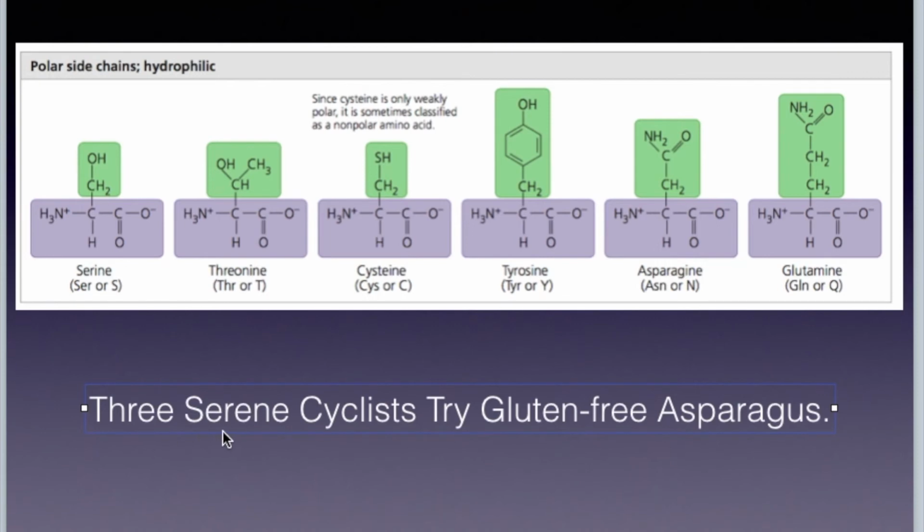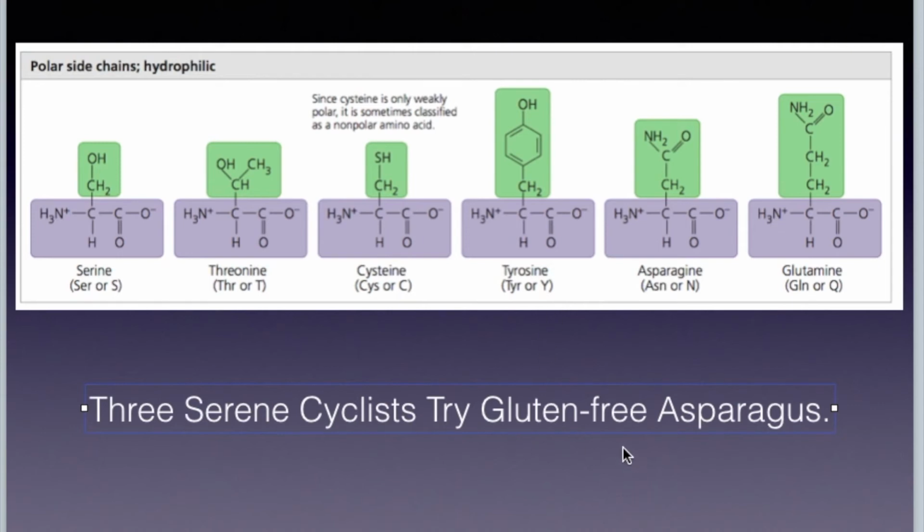So 3-serine, threonine, serine. Then cyclists, we have CYC, and we also have cysteine starting with CYS. So they are quite similar. And tri. So tri has TRY, and we also have an amino acid called tyrosine, and they start with TYR. So it's kind of like a self-reminder, TRY, TYR, tyrosine, or tri.